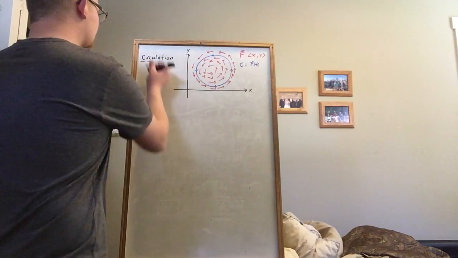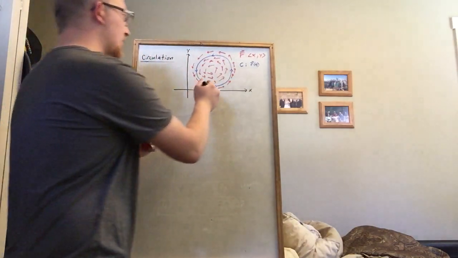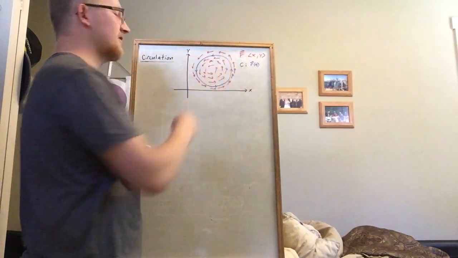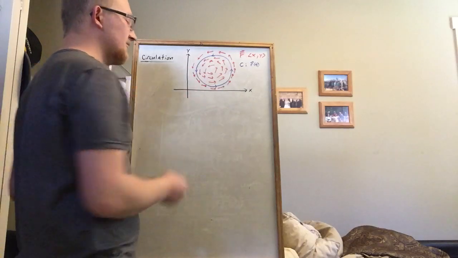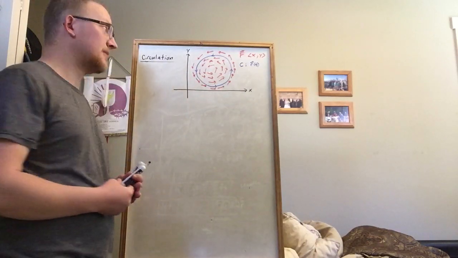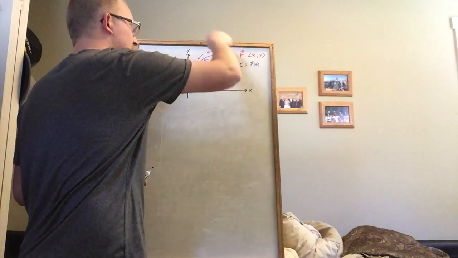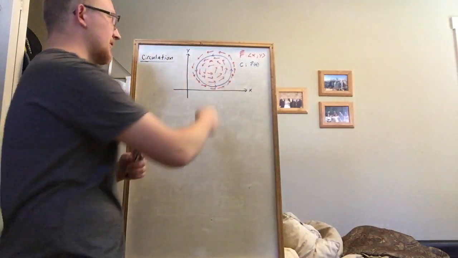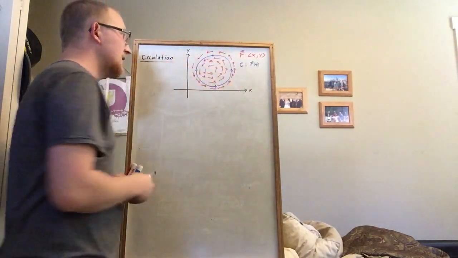What we're looking for is, as we go around this curve, how much of the vector field is helping us versus how much is hindering us. That's going to create some rotation. And we call that rotation circulation because you've got some sort of circulation going on here.